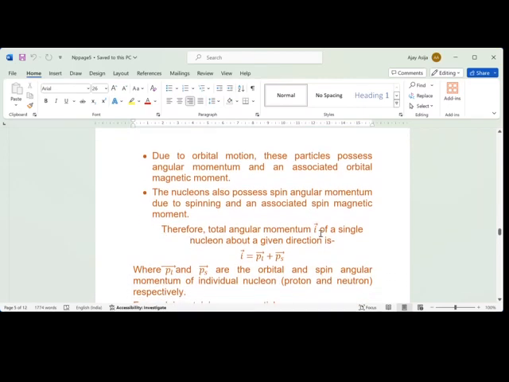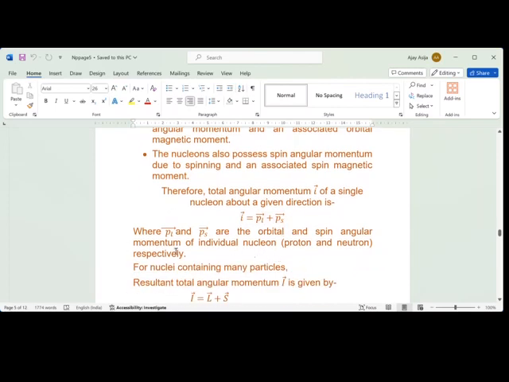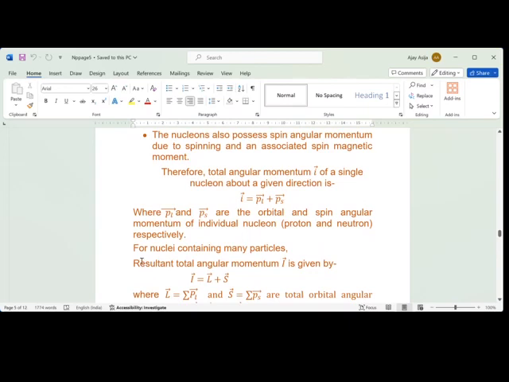Therefore, the total angular momentum I of a single nucleon about a given direction is I vector equal to PL vector plus PS vector, the sum of orbital angular momentum and spin angular momentum for a single nucleon. PL and PS are the orbital and spin angular momentum of the individual nucleon.